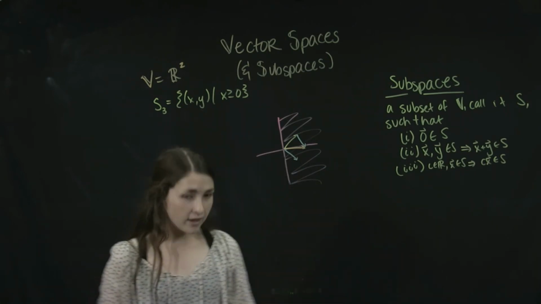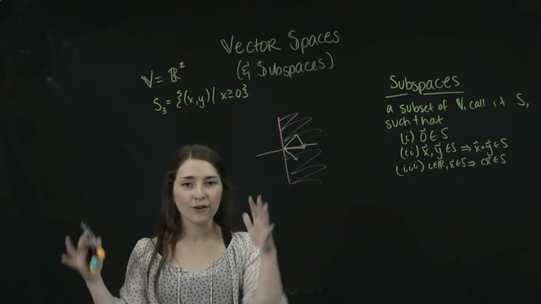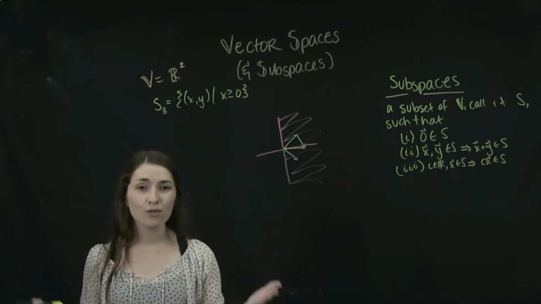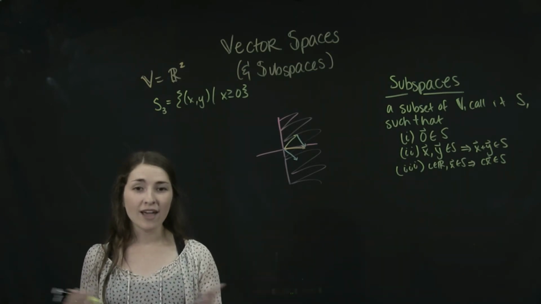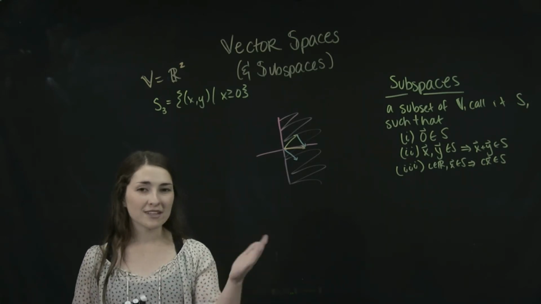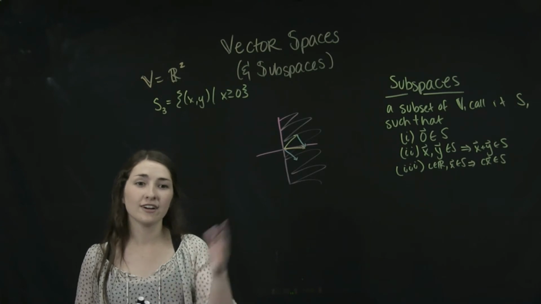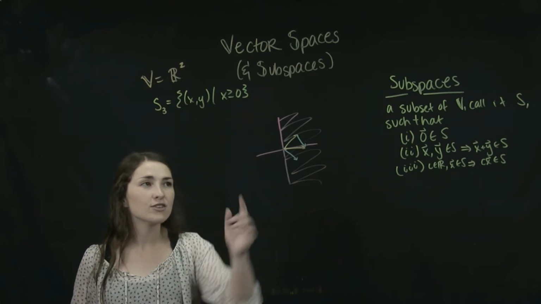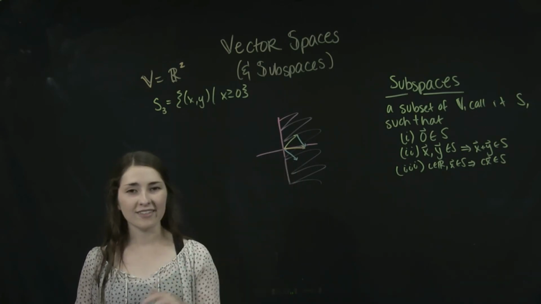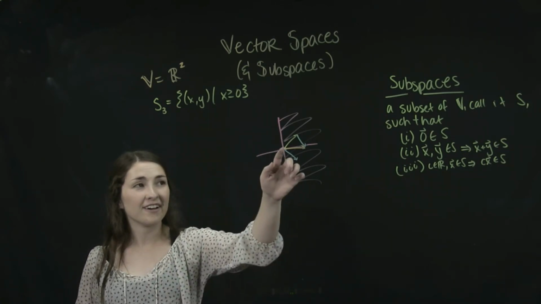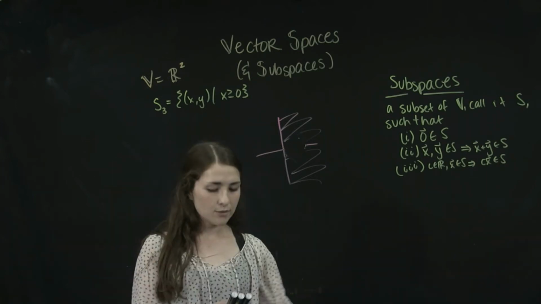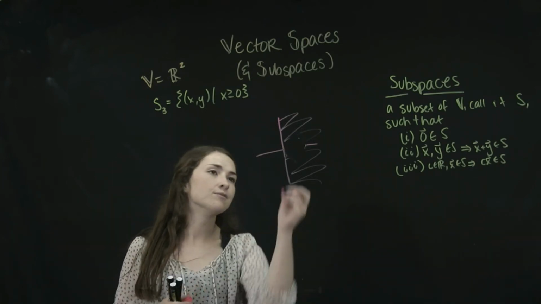Also, if we think about this a little bit more abstractly, if we have two numbers that are both greater than or equal to 0, if we add them together, are they ever going to dip below 0? No. So that means that we are closed under addition. And we also know that the 0 vector is in there because it is right there. You can see it, you can touch it, because x can be equal to 0.